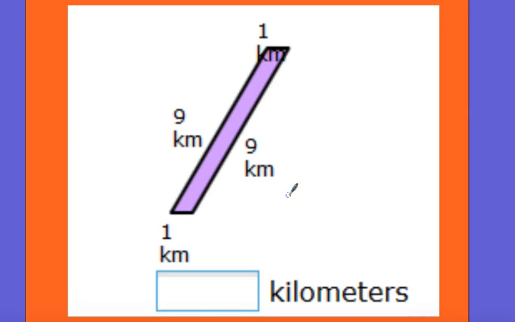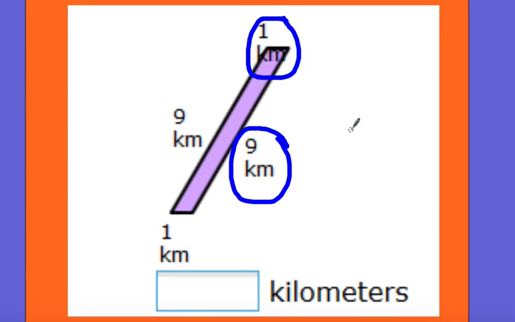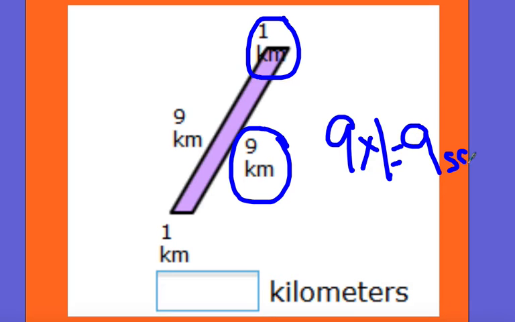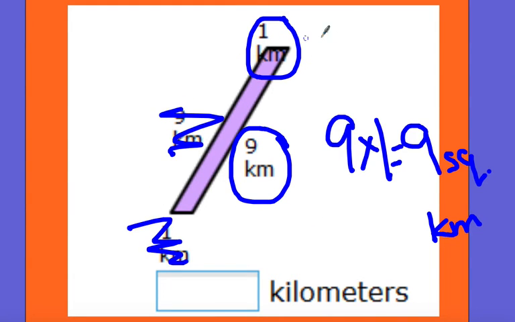Okay, area is length times width. So 9 times 1 equals 9 square kilometers, because I use the length times the width. I can ignore these numbers because I only need the length and the width.